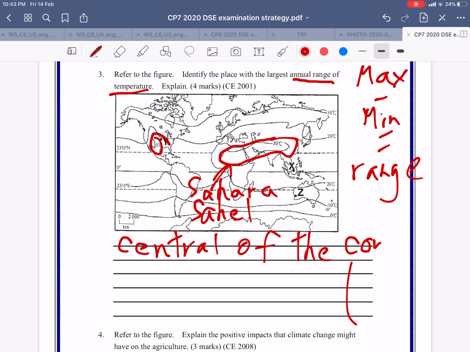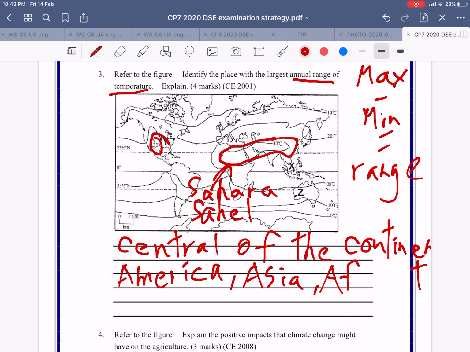For example, America, Asia, and also Africa. So we can tell them one by one like this.